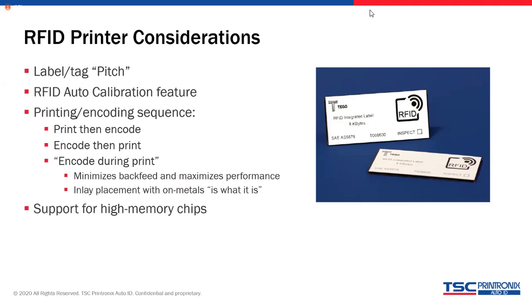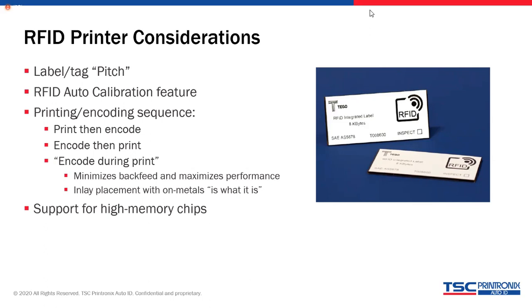The last one, what we call encode during print, which we think is the greatest thing since sliced bread, is what we are currently doing. And what this means is that as the label is feeding through, the printer will automatically perform the optimal function at that given moment.